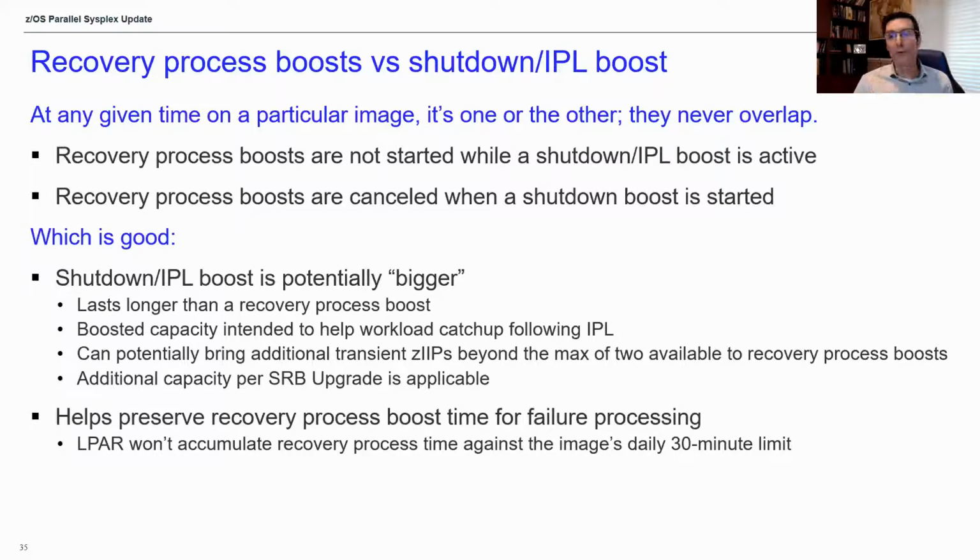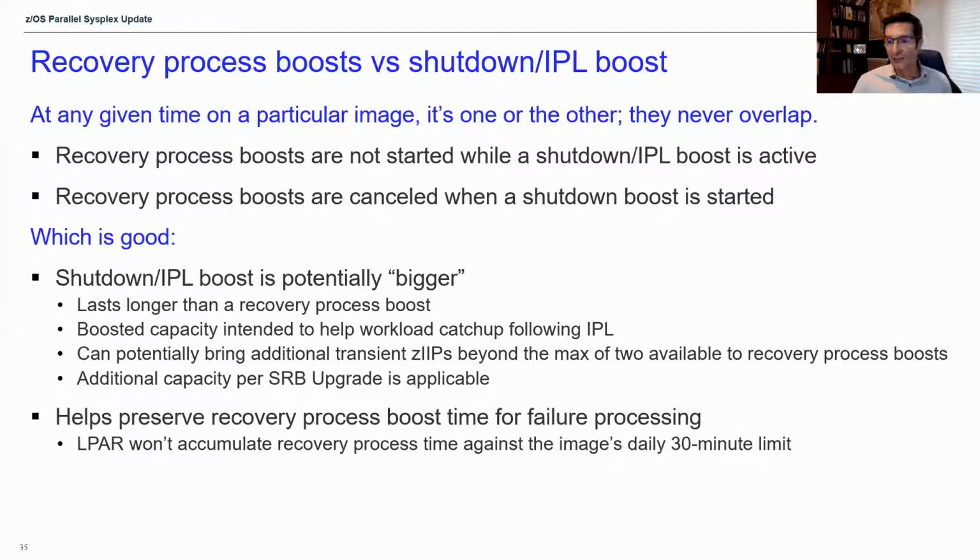There's a lot more capacity that can be brought online, and I can even use the upgrade boost for Sysplex for IPL boosts. And so again, you can bring additional transient zIIPs in beyond the max of 2 in an IPL boost.